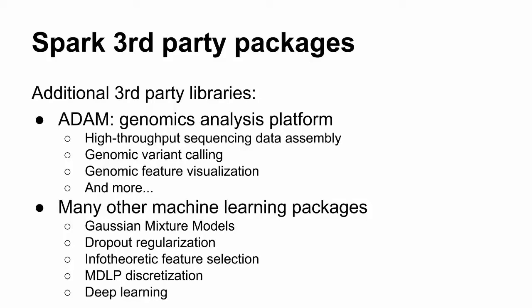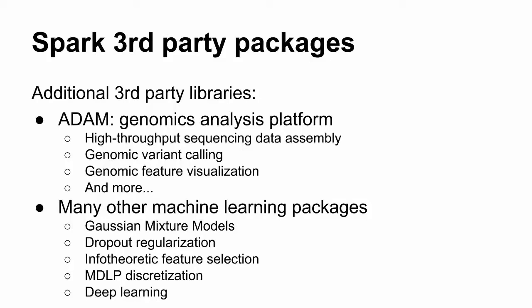So in addition to those 4 official libraries, there are many more. One in particular, which is quite interesting, is Adam, which is a genomics analytics platform. And so this is quite a recent, quite a new package, and it does a number of different analyses related to genomics data.